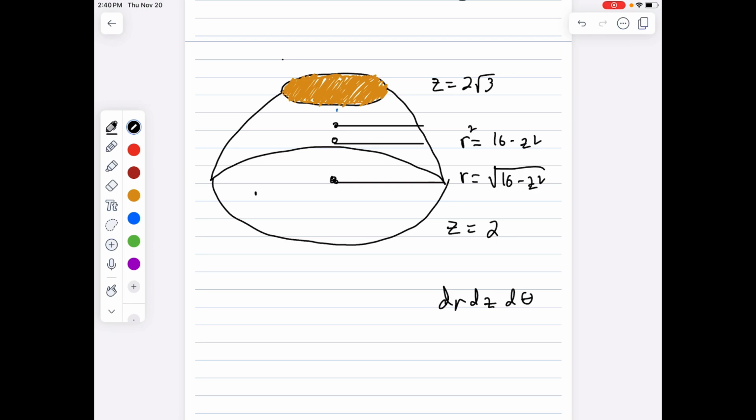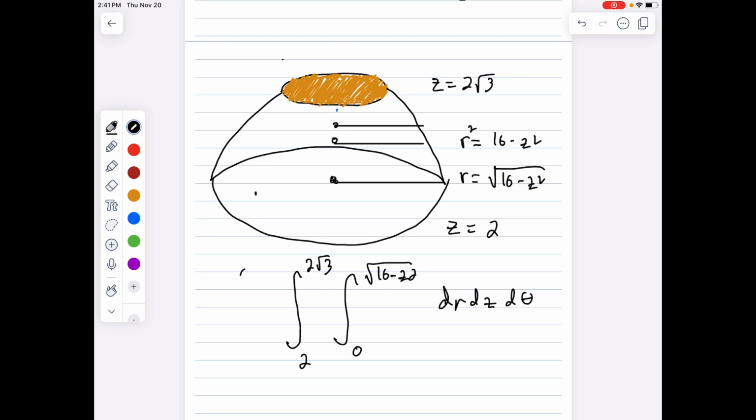Okay, so if I were to set up my integral, my first integral right here would go from my smallest value for r within that solid, which would be 0, all the way to my largest, which would be the square root of 16 minus z squared. Then the next thing that comes along is dz, and z varies here from the smallest value of 2 to the largest value of 2 root 3.